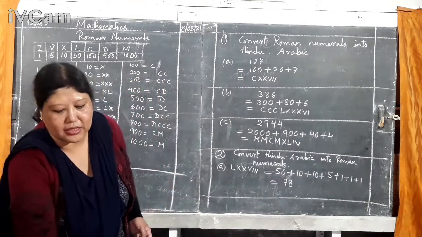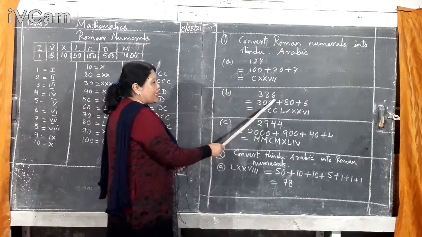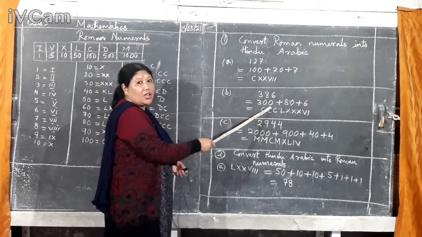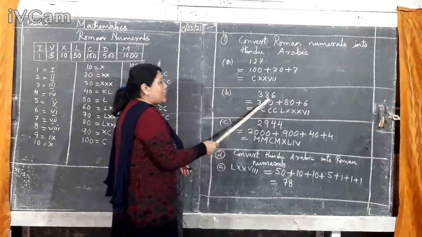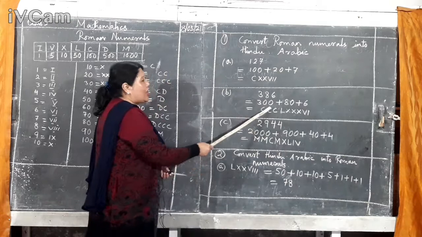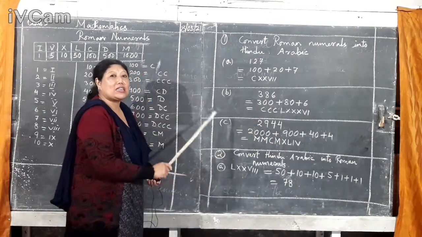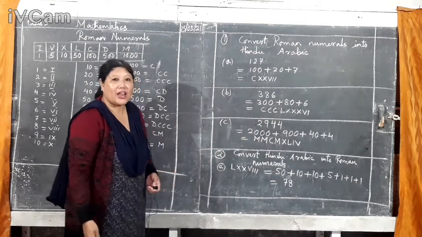386. I'll show you with this. 3 is in the hundreds place, so it will be 300. Expanded form, you know how to expand: 3 is 300, 8 is 80, 6 ones. Okay, then 300 means what? 100 means C. If you write C 3 times, it will be 300.